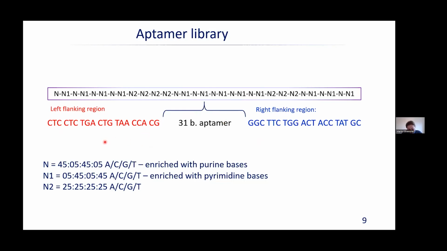So initially we wanted to get aptamers of specific 3D structure. Therefore, we enriched some coordinates of the aptamer with either purine or pyrimidine bases to promote formation of specific sequences. Well, what we got, I will show you in the next slides.